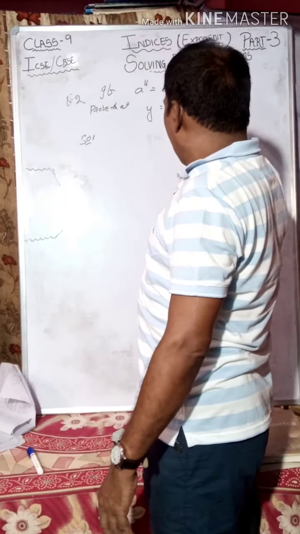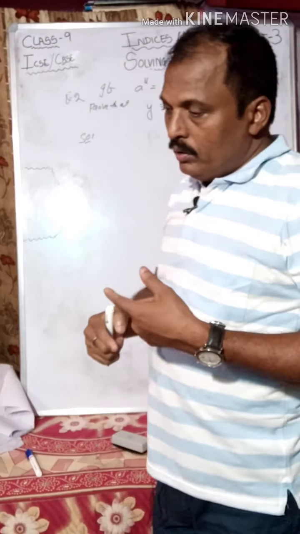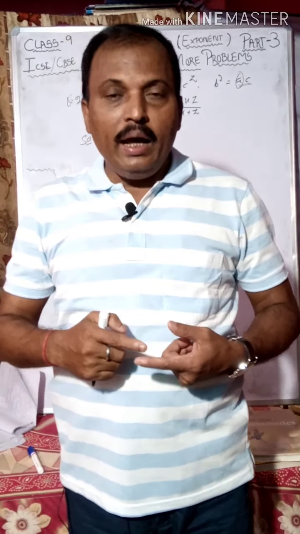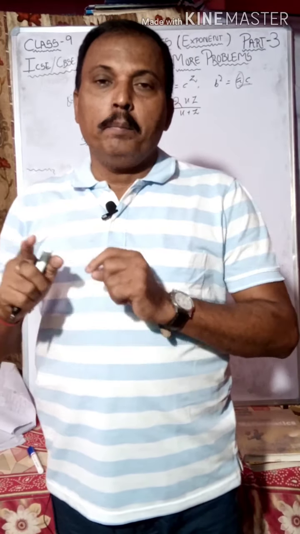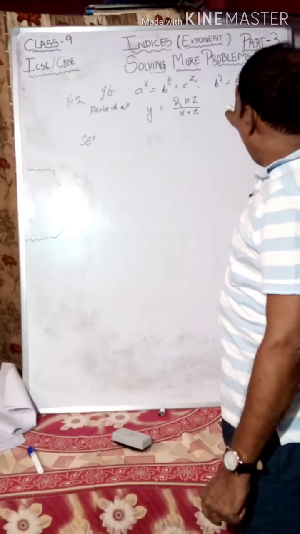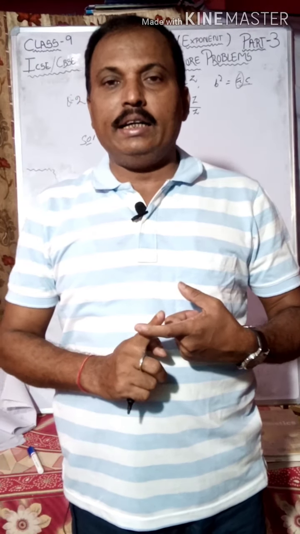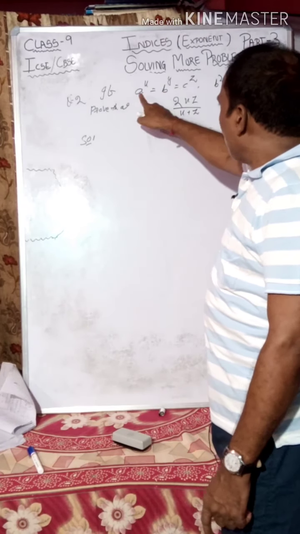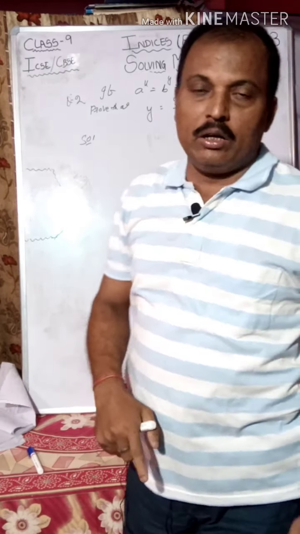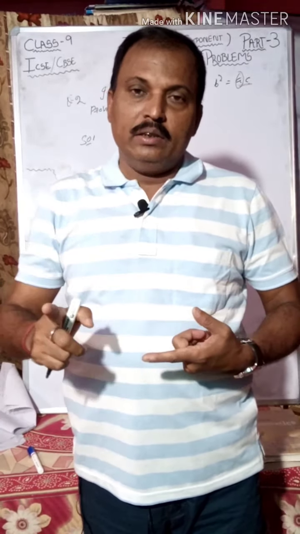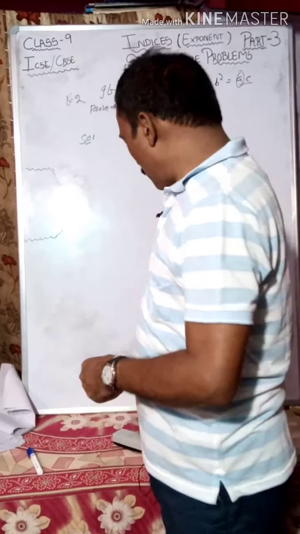Now we will take a as the subject, express a in terms of b, and express c in terms of b. First take a as the subject, then c as the subject. The object will be only one, that is b, because the left side is b square. In both cases b will be the object, and a and c the subject of the formula.